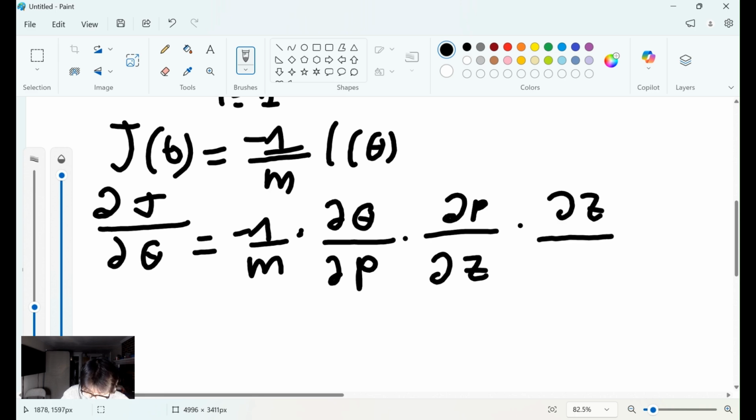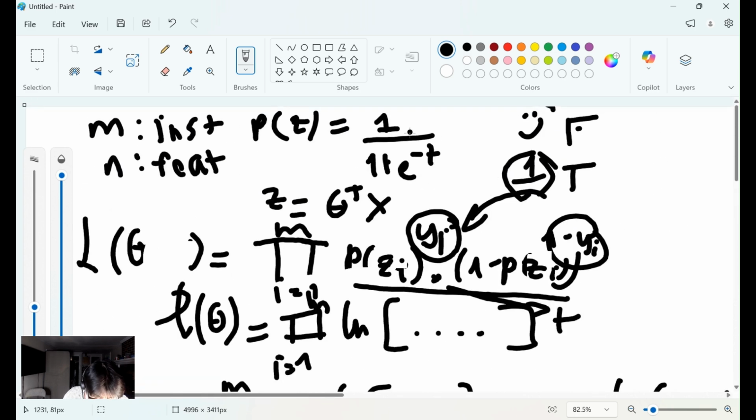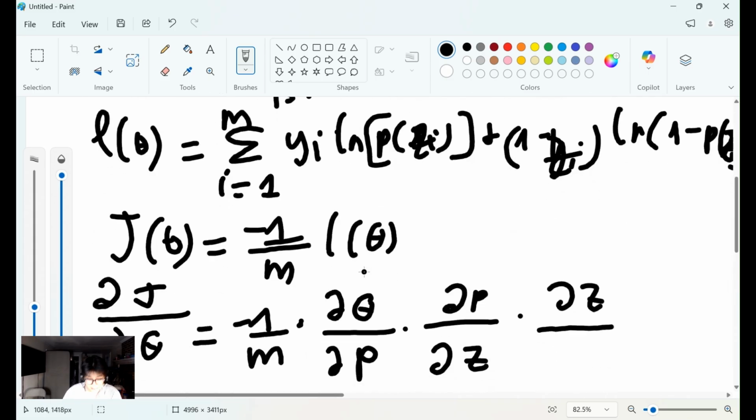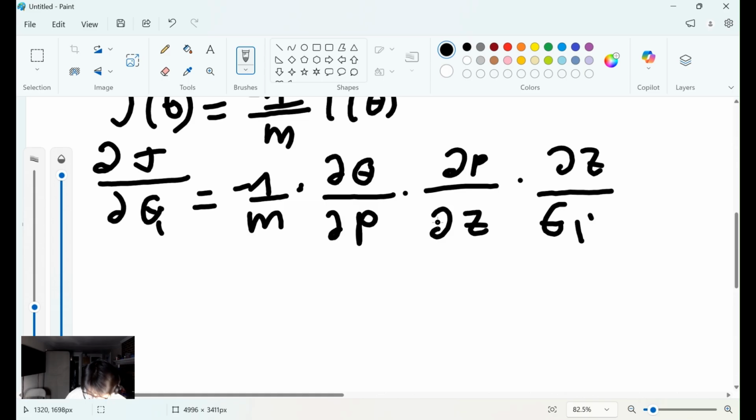And what is z depending on? Sorry, z is depending on theta, not x, my bad. x is fixed because we have x already. x is a constant. Theta, and this is at value i. We iterate column by column, so for each student there is a different i value, and there are m students, so i runs from 1 to m.